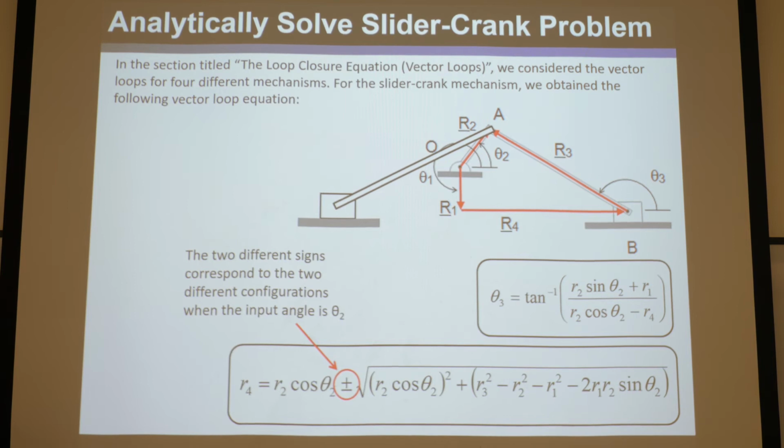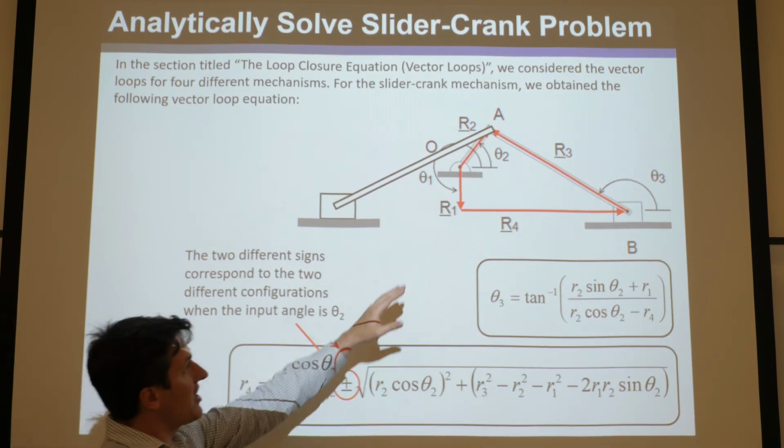Whenever you solve a planar two-dimensional mechanism, with 2 equations and 2 unknowns, you're going to pretty much always have 2 different solutions for any one input that correspond to 2 different configurations that could mathematically work. And you need to be smart and vet them to know which one you're talking about.